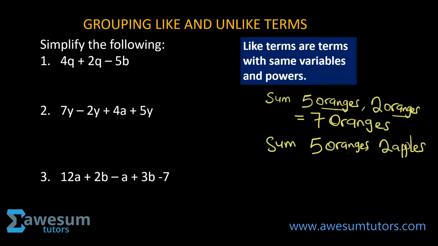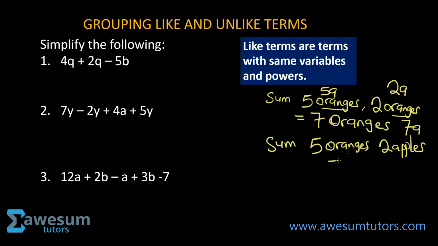That means in this case that you have 5 oranges and 2 oranges that you could sum up, you can refer to this as like terms. It's just like you say 5a and 2a. When you add it together, it's going to give you 7a. What about 5 oranges and 2 apples?